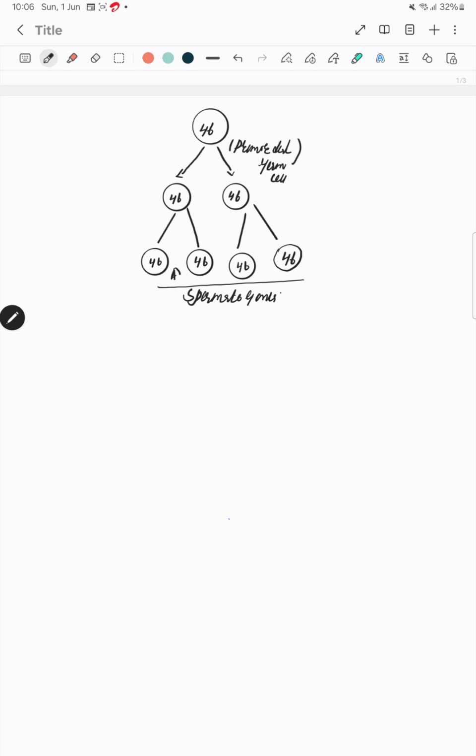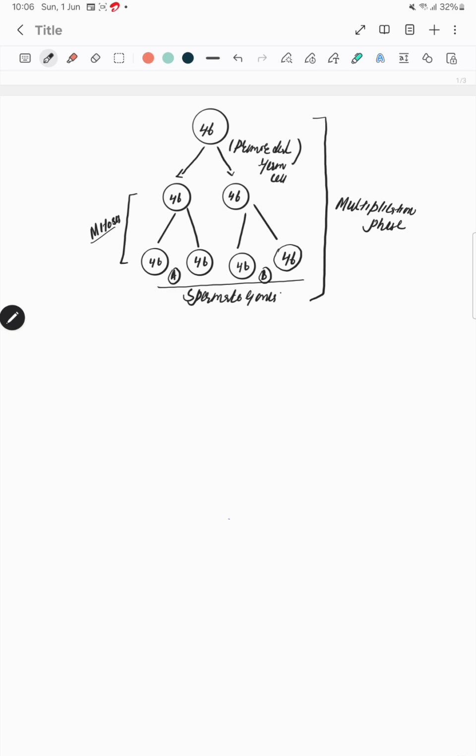This is spermatogonia A and this is spermatogonia B. Whenever there is a division of cells and the chromosome number remains the same, this division is termed mitosis. This phase is known as the multiplication phase, as there is formation of 4 cells from one cell.